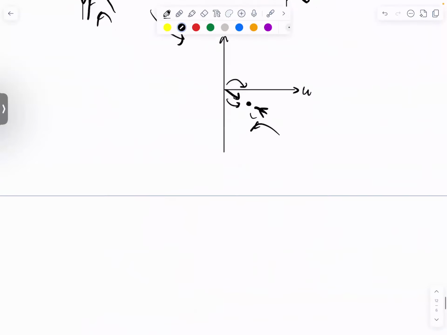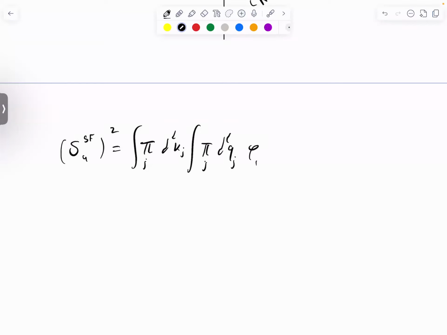You could imagine that S_F4 squared is something like the integral of dk_j, pi_j times pi_j, dq_j. And then we have, let's call them, phi 1, phi 2, phi 3, phi 4. And let me denote the other guy with psi's, so I can distinguish them: psi 1, psi 2, psi 3, psi 4.